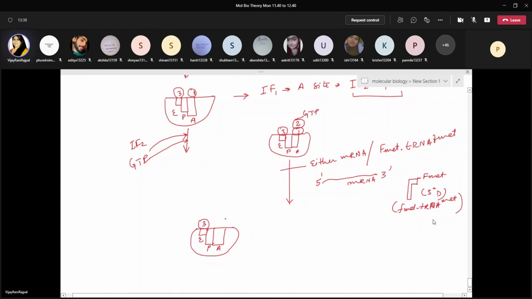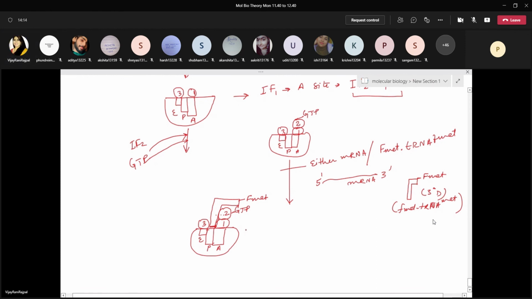So you have your 1 and you have your 2, and on the P site then your tRNA. This is your tRNA carrying fMet, and this is the GTP. So look at this. 2 can interact with 1, it can interact with the tRNA also.